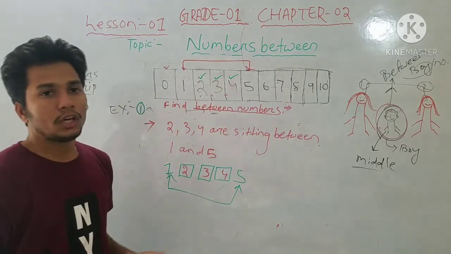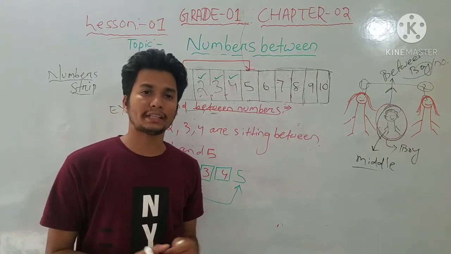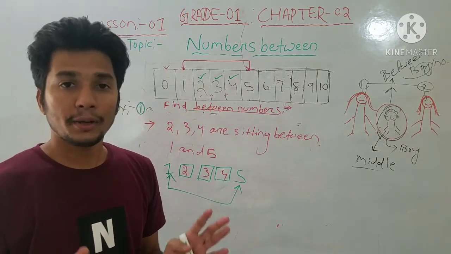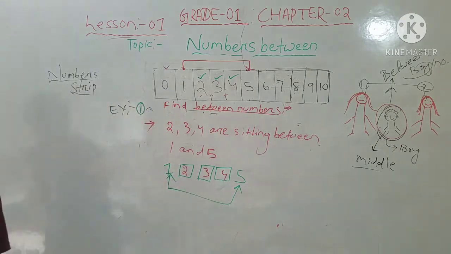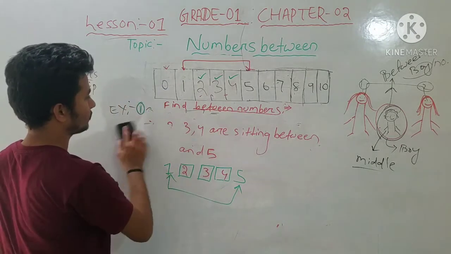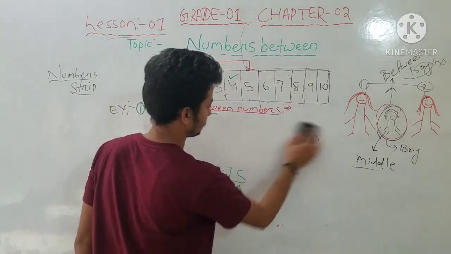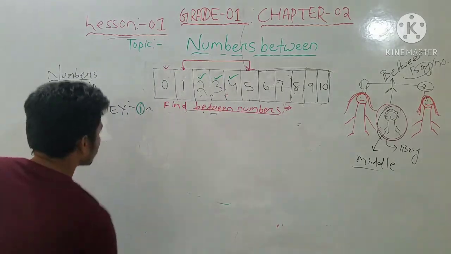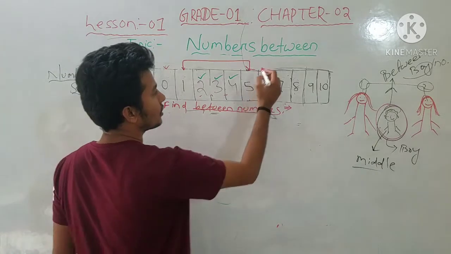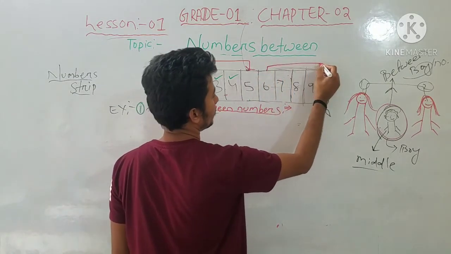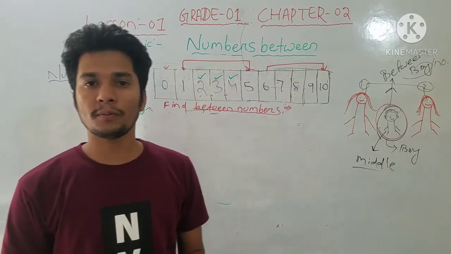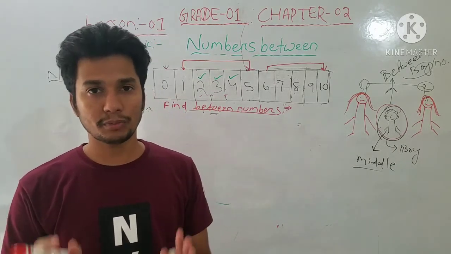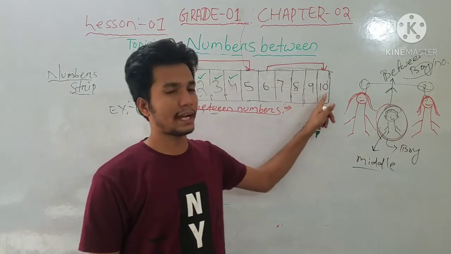Understood students? So like this we can take more examples to find out the between numbers. So let's take more examples. If the question asks, find out the numbers between 6 and 10.